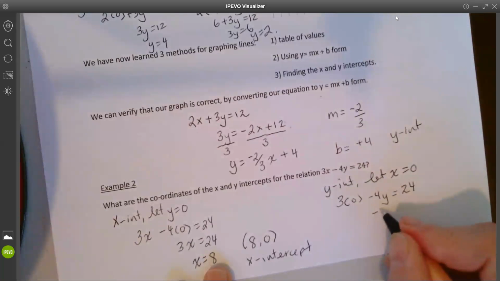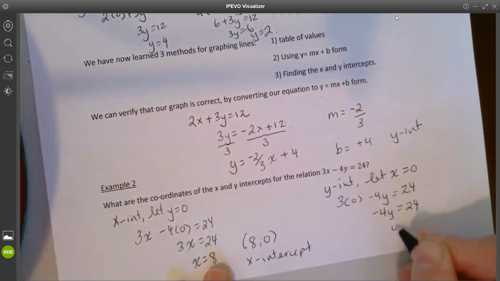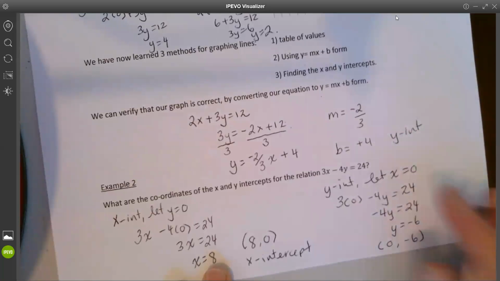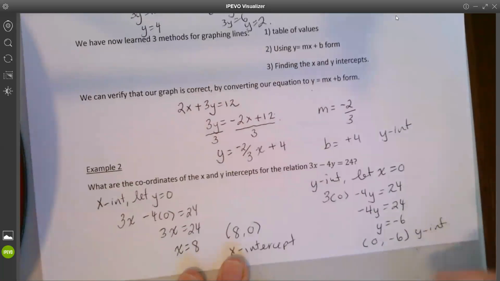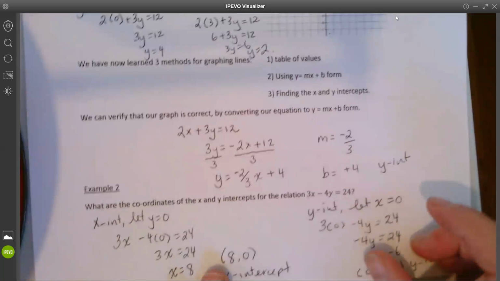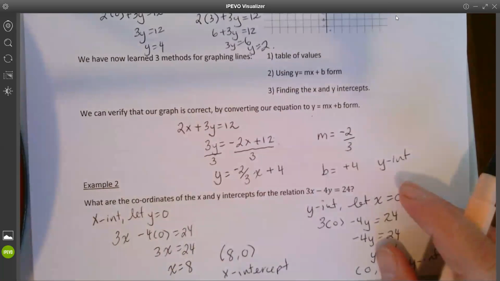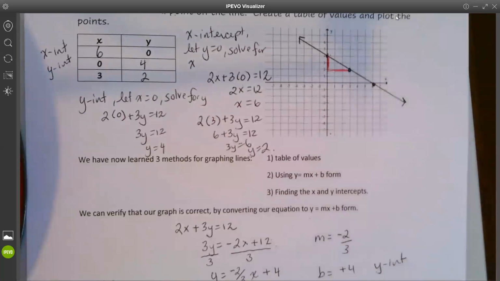So we will simplify to get -4y is equal to 24. Divide both sides by -4. So we now have a y value of -6. And this is the location of our y-intercept. So finding x and y intercepts is solving an equation where in one instance you let x equal 0, and then in another instance you let y equal 0.